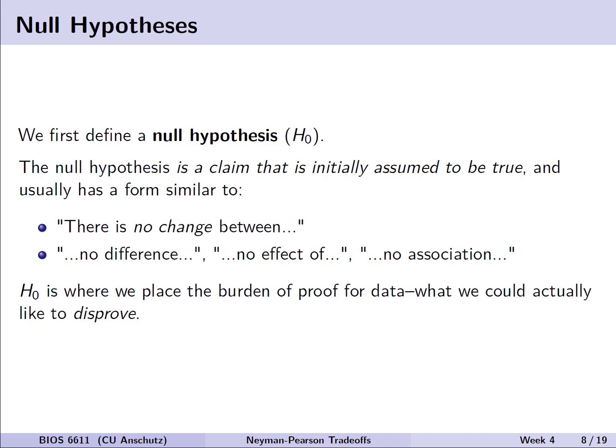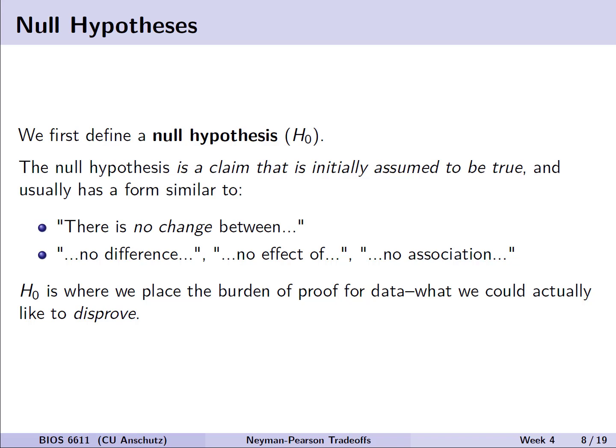And so this leads us again to this idea of a null hypothesis, and that's really the first step we have when we're going to, let's say, do a study, at least the way Neyman and Pearson are framing it. The null hypothesis is a claim that is initially assumed to be true and will have some form that's similar to something like there is no change between, let's say, x and y, or maybe there's no difference or no effect of or no association with.